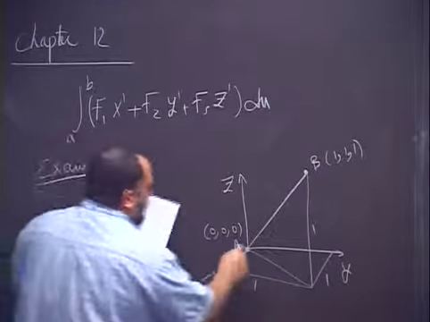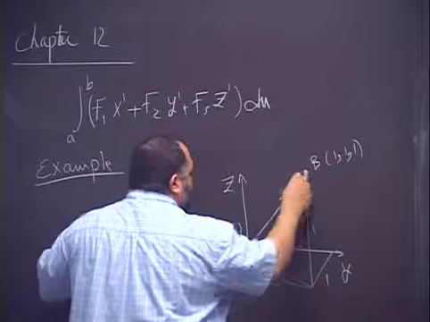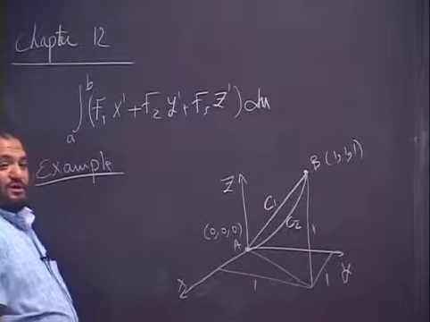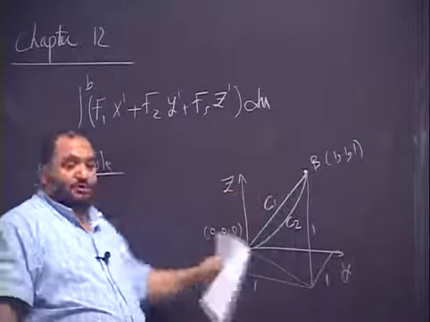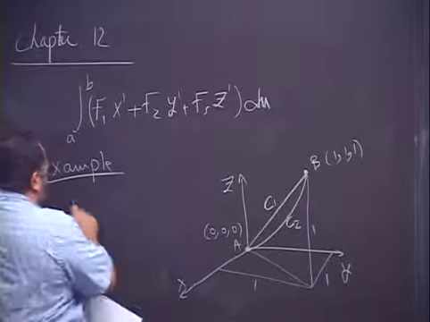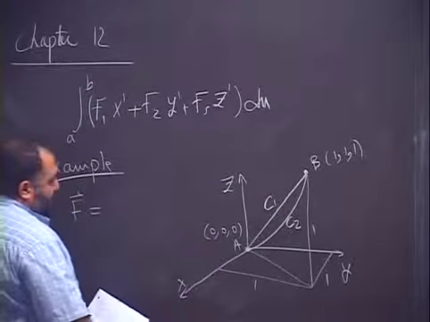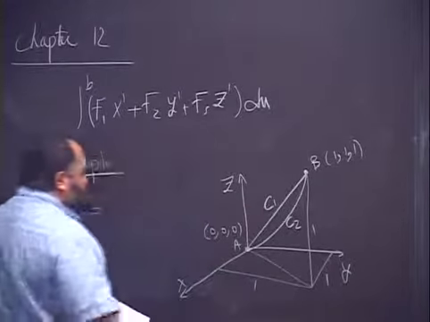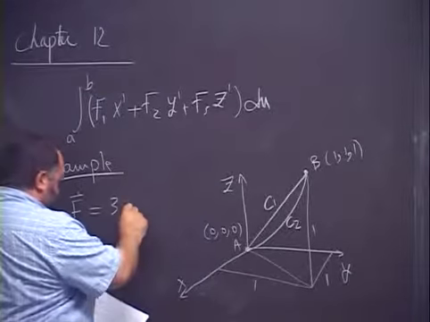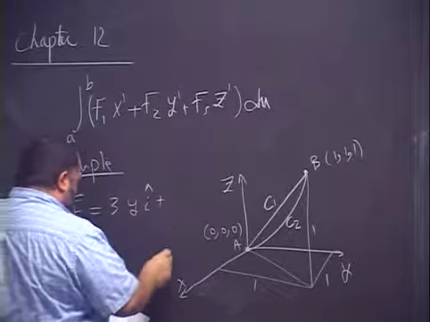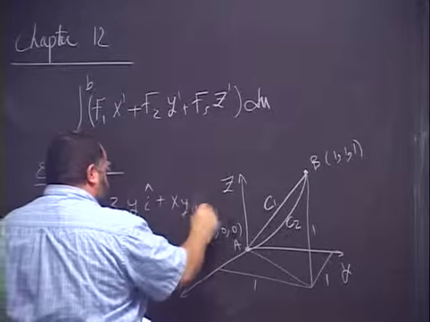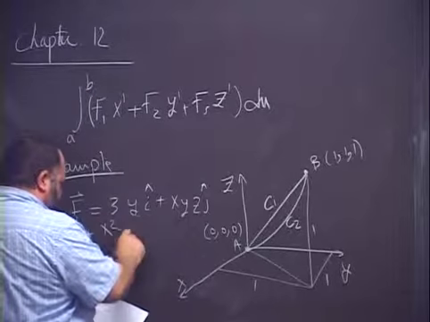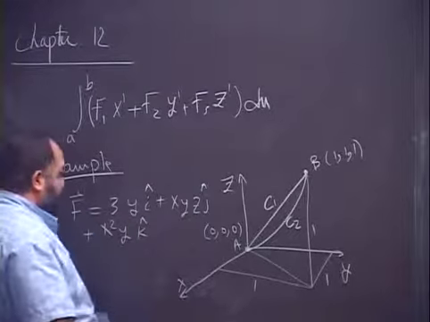And I have two curves, C1 and C2, that connect the beginning point and the end point. We are just taking an example. So the vector function that we want to integrate over those two separate contours, f, is 3y in the i direction plus xyz in the j direction plus x square y in the k direction.